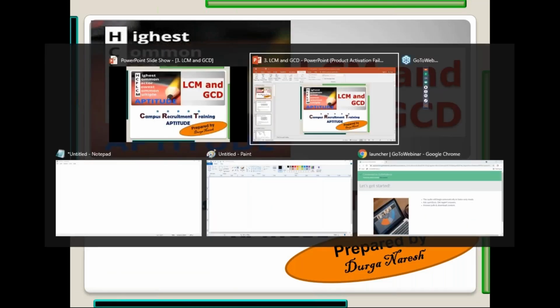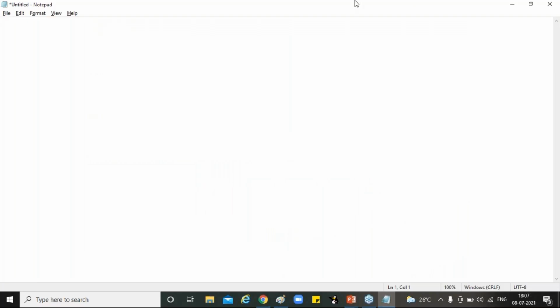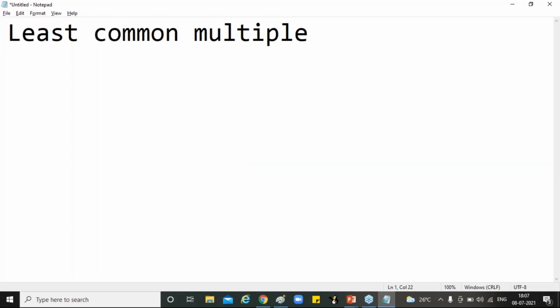Yes. Now, what is the meaning of LCM? LCM means least common multiple. That is the abbreviation, but there is no use with the abbreviation.